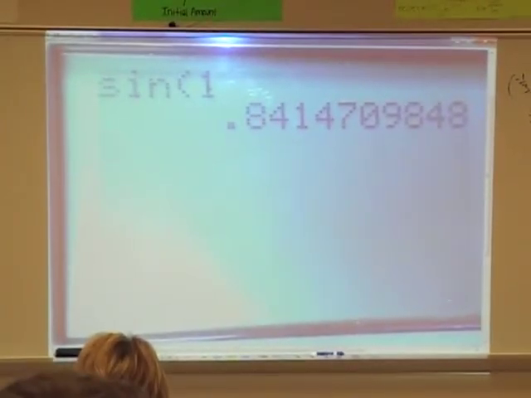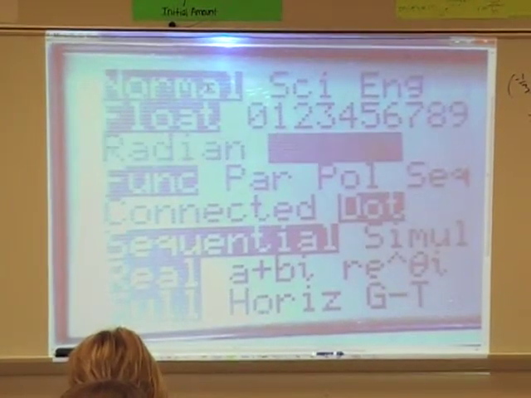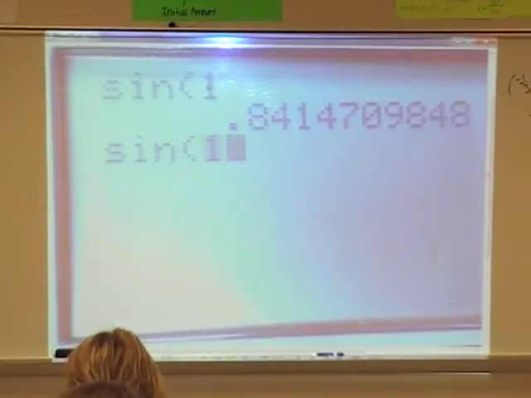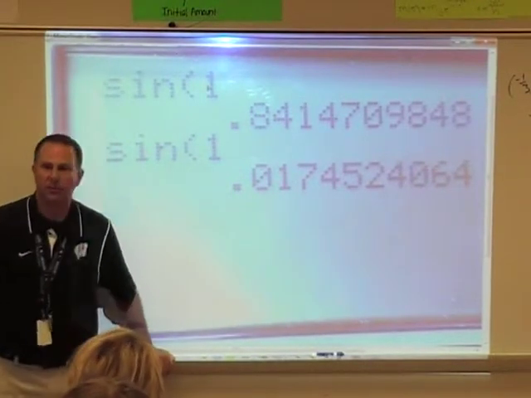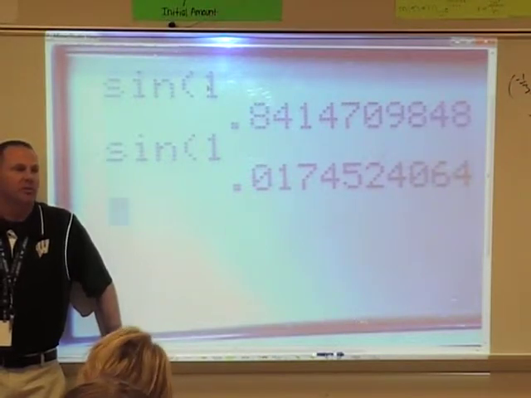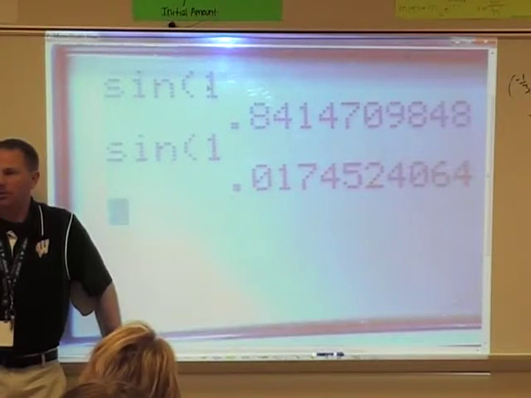Okay, now go into mode again, take it off, put it on degree. Hit second quit. Hit sine of 1 again. If you don't know whether you're finding the sine of a radian or the sine of a degree, then we got big problems. You got to be able to tell me if you're finding degree measurement or radian measurement, okay?